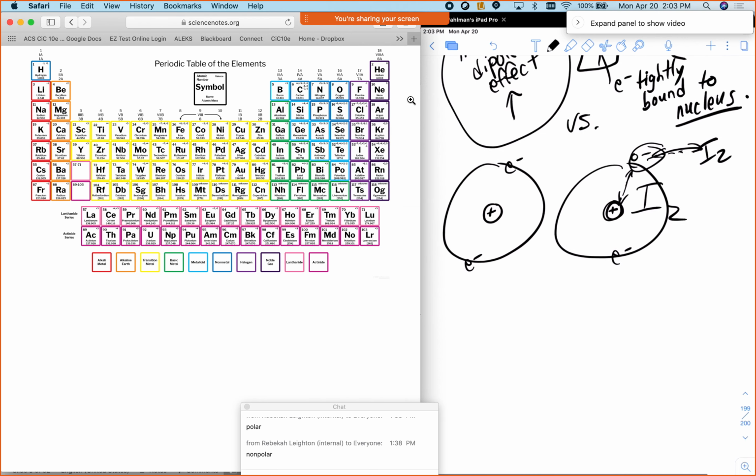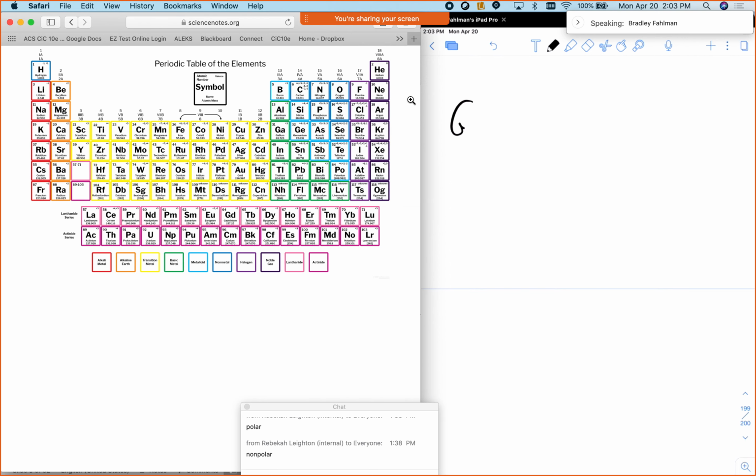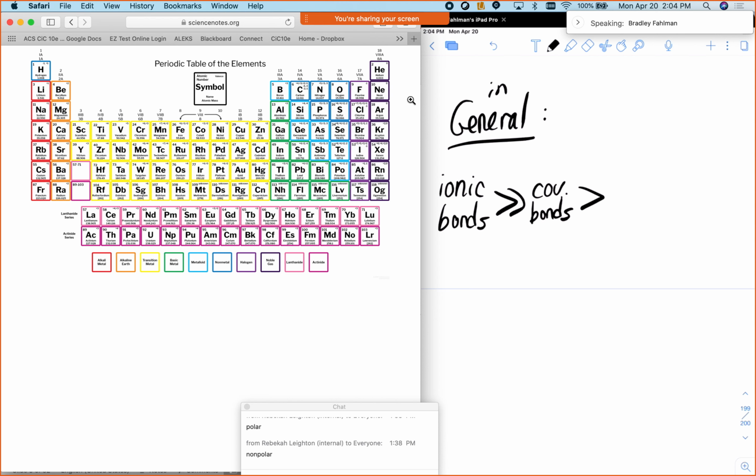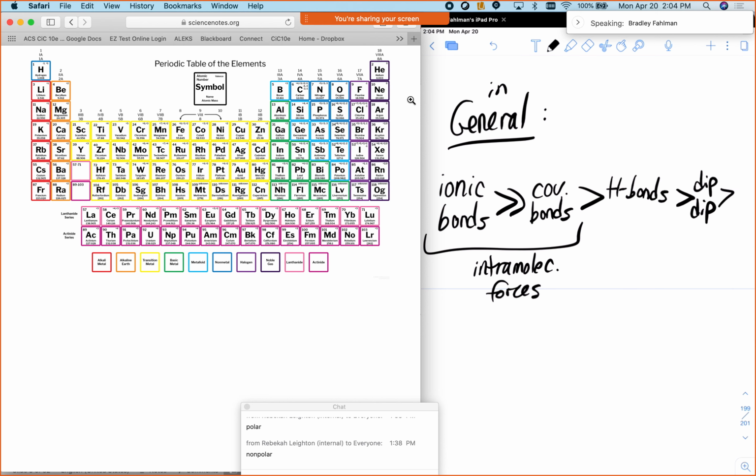As the general trend for the strength of these, we would say that ionic bonds are much stronger than covalent bonds, and then covalent bonds, so these are our intramolecular forces. Then covalent bonds are stronger than hydrogen bonds, which are stronger than dipole-dipole, which is stronger than London dispersion.